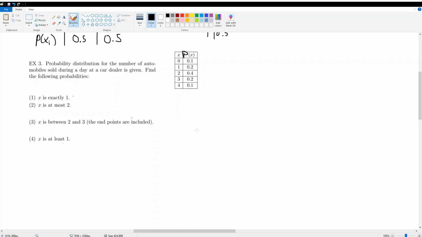Here we have a probability distribution right here. Based off what I already showed you on reading these tables and then using those laws, I want you to answer parts 1 through 4. You can go and do that, and we will come back and work it out when that's done.